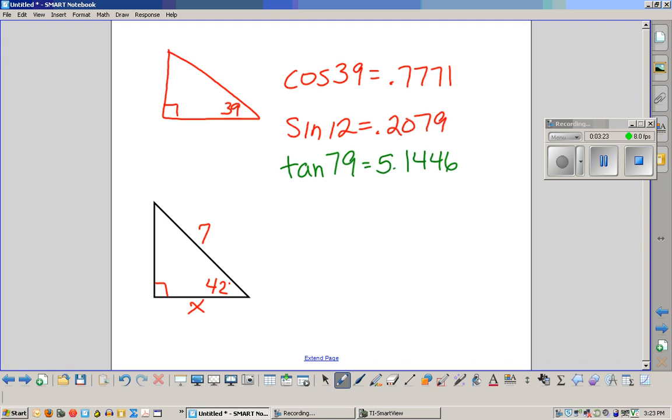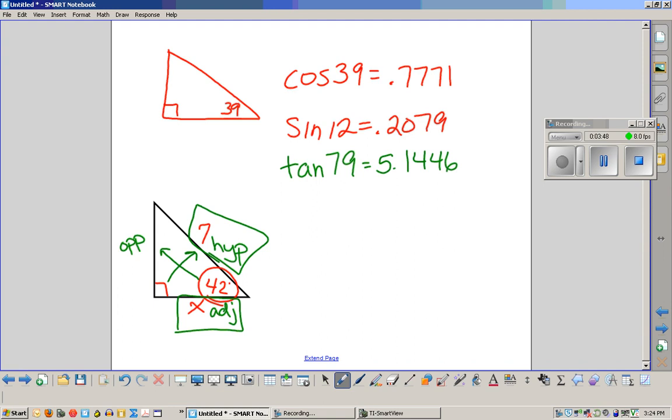So if I look at my given angle, let's identify the sides that we have. We definitely know we have the hypotenuse, right? Because that's across from the right angle. This side over here is our opposite to angle 42 degrees, which would make this side our adjacent side. So we have the hypotenuse, and we want to find the adjacent. So which one of our ratios?